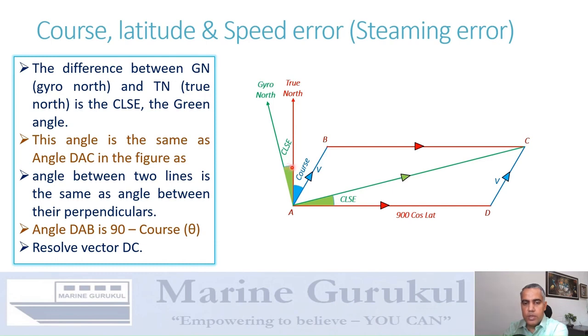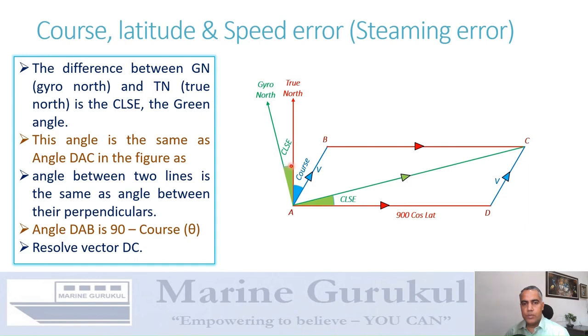Now why these two angles are same is because of a geometry principle which says that the angle between two lines is the same as the angle between their perpendiculars. The initial CLSE which we observed was between the true north and the gyro north. We are aware that the Earth's easterly motion, which is red color vector alpha delta, is perpendicular to true north, and we are aware that the resultant vector green color vector alpha Charlie is perpendicular to gyro north.